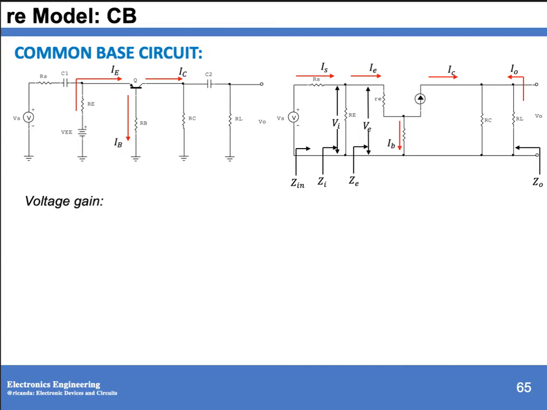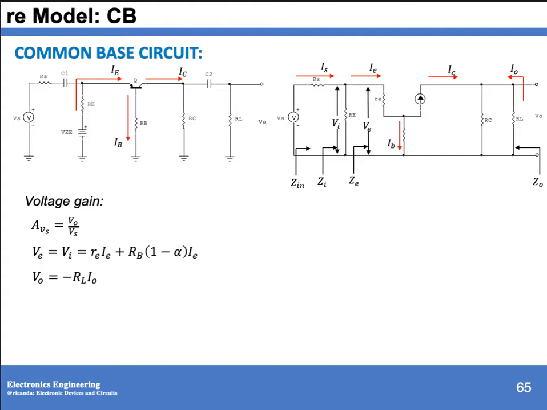For the voltage gain, we have VO over VS. Our Vi input is equivalent to our VE, which is equivalent to RE times IE plus RB times (1 minus alpha) IE. And our VO is equal to the voltage drop across RL times IO, where your VO has a negative sign because of your IO against the polarity of your VO.